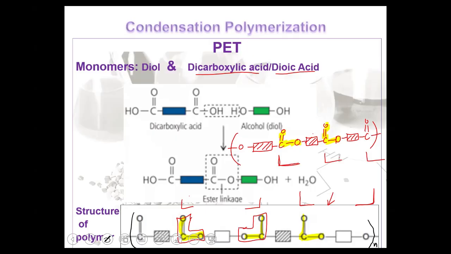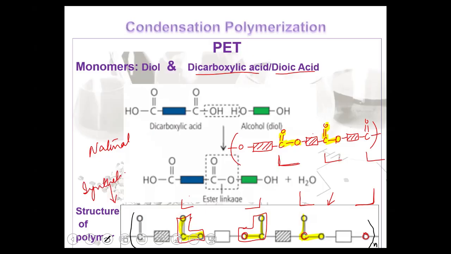This is because there are two different monomers used. So if the first time the carbon is facing, the other time oxygen is facing, the third time carbon again is facing, the fourth time oxygen is facing. So that is why this is a very important identification to find out a natural and synthetic polymer.